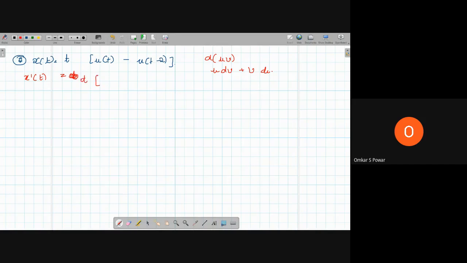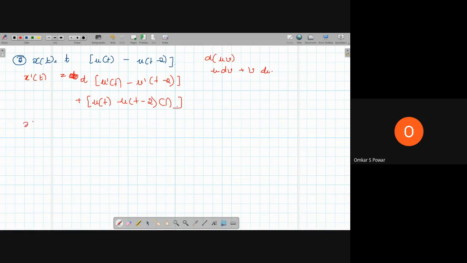So t into derivative of that inside function, plus the first, whatever is there inside function, into first one.